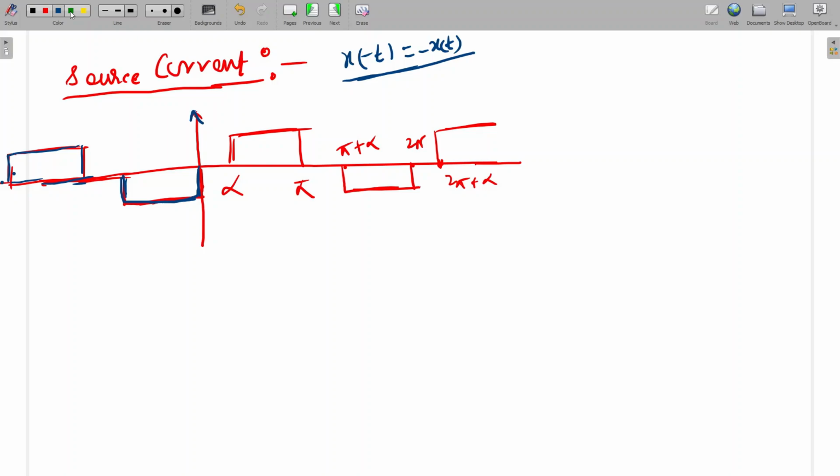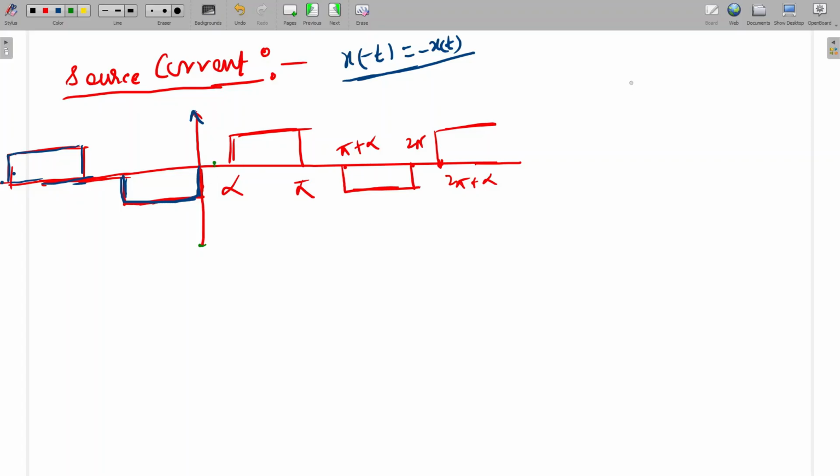I told you, for Fourier analysis, what is the first step? First step is we should make the signal either even symmetry or odd symmetry. Anything we can do? So what I'm doing here, we can easily make this an odd signal. If I shift this angle by alpha by 2, it will become an odd signal.